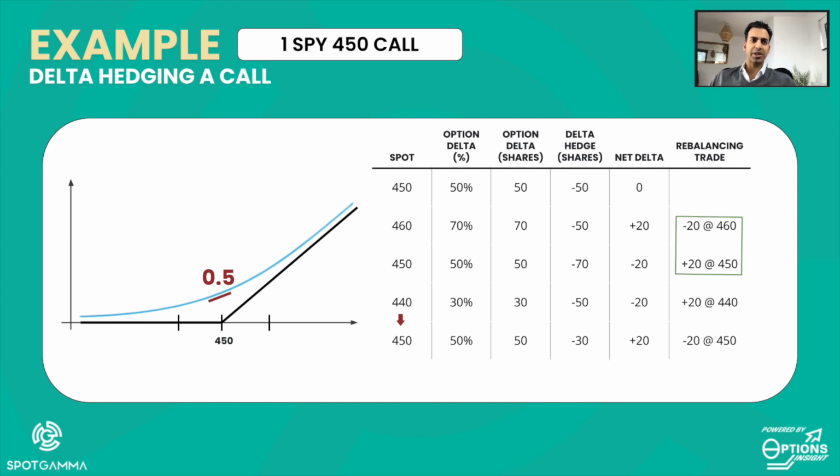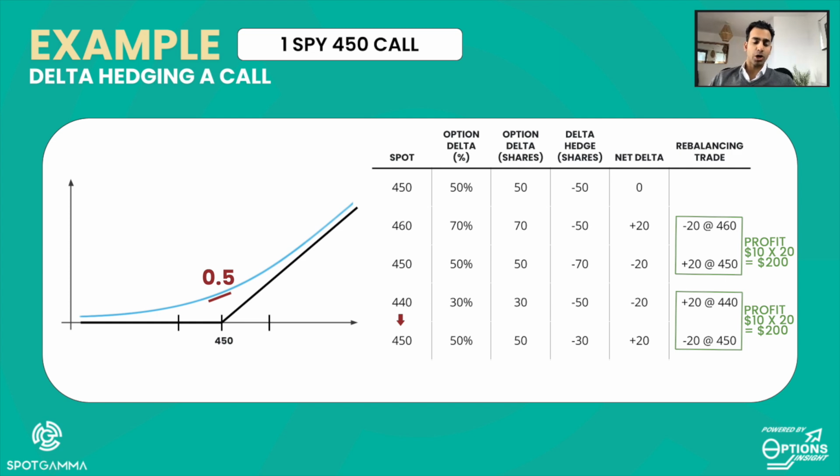And the difference between the sale and the buy was $10. And again, we bought at 440 and we sold it back out again at 450. So both these trades made a profit of $10 per share in 20 shares. So that is just $200 profit.